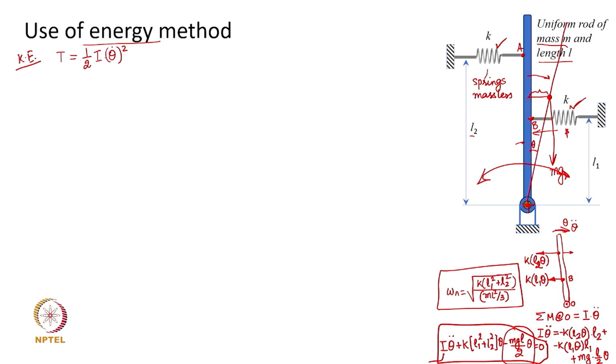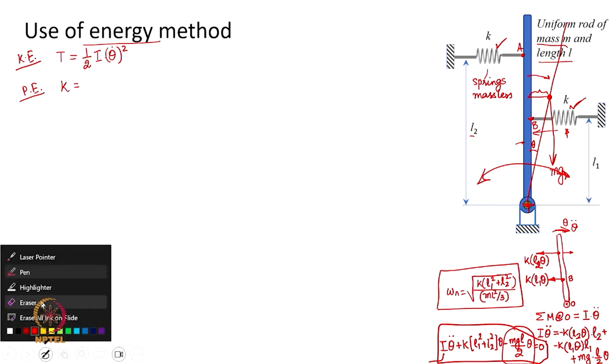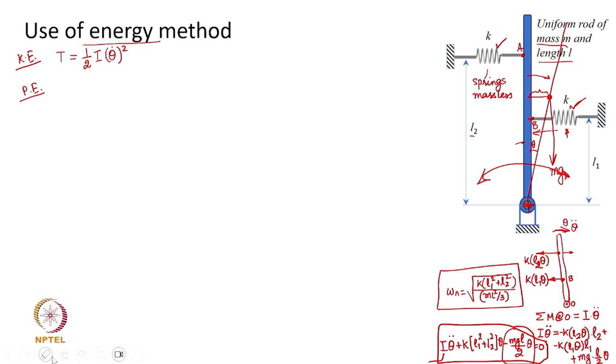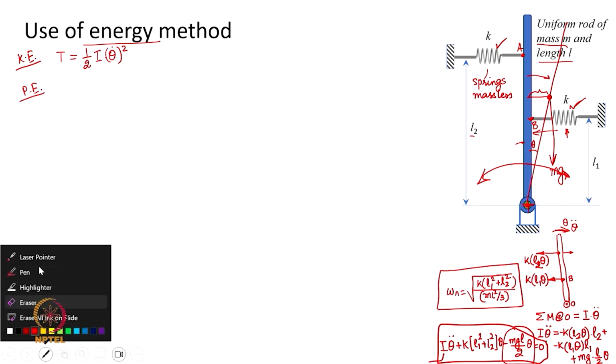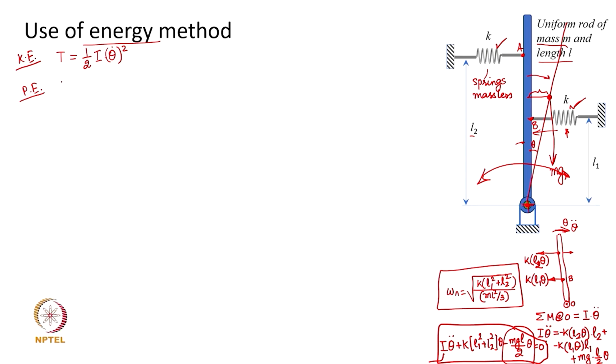And the springs are meant to only store the strain energy. So, the expression for the potential energy V is going to be the strain energy stored, starting with the energy stored in the first spring.